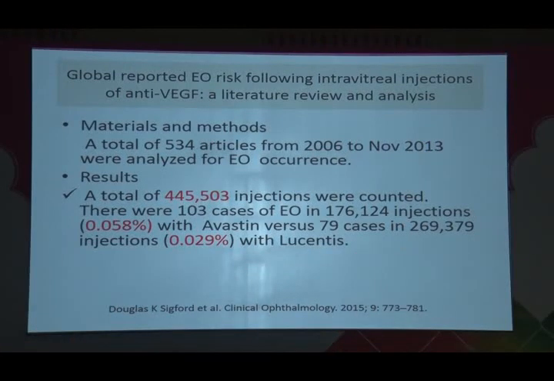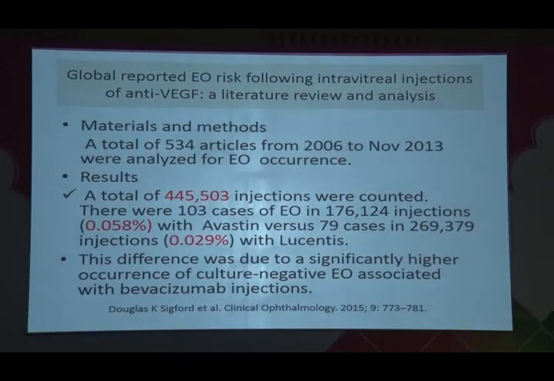That is 0.058% with Avastin versus 0.029% with Lucentis. So Avastin had more endophthalmitis, but the crux of the situation was that this difference was due to a significantly higher occurrence of culture negative endophthalmitis. For culture positive, there was no difference; only culture negative endophthalmitis was more with Avastin.